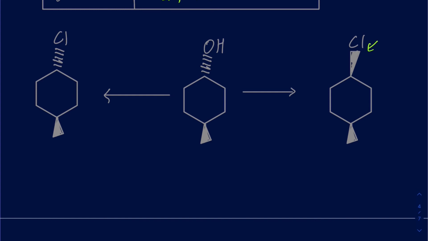So since there is an inversion, I can go ahead and use SOCl2 with pyridine, because that would do a clean SN2 mechanism. But if I'm trying to have Cl retain the same stereochemistry as that of the OH, so there is a retention here, I want to use SOCl2 with the help of some sort of ether, where you can use dioxane or THF. As long as there is an ether, it will try to retain the stereochemistry.